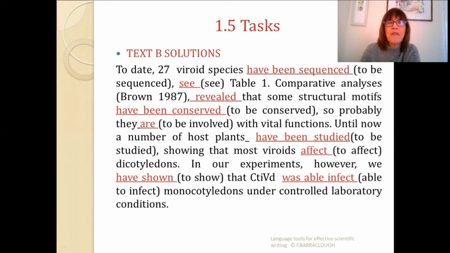Until now, a number of host plants have been studied, showing that most viroids affect dicotyledons. In our experiments, however, we have shown that CTVD was able to infect monocotyledons under controlled lab conditions.